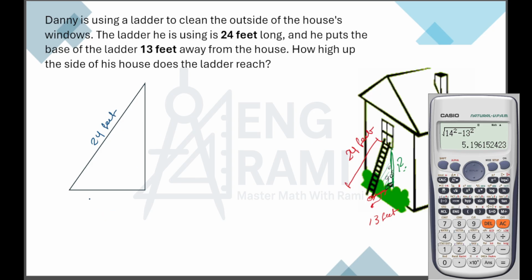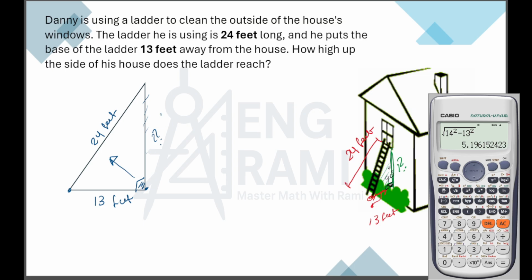And here is the base of the ladder, and here's the house, 13 feet. He is asking us how high up the side of his house does the ladder reach. This is 90 degrees, and we have a triangle, and this is the hypotenuse. This is the longest length of the right triangle. He's asking us about this.